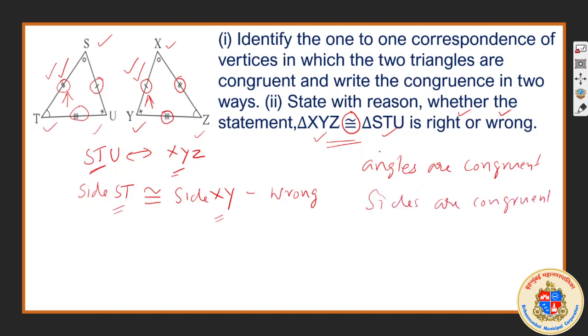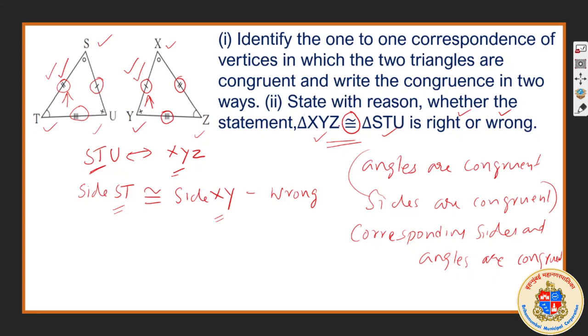Above that, when we write this, you should check that the corresponding sides and angles are congruent. Correct? Now the question: triangle STU is not congruent to XYZ.